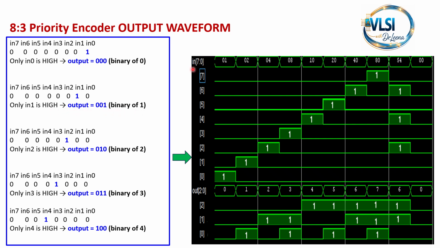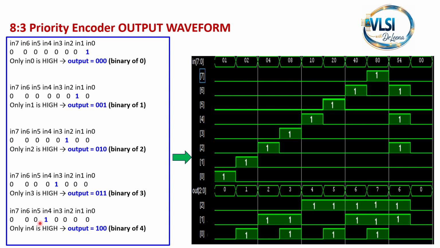You look at this, our output is 001. In the next case, IN2 is active. When IN2 is high, the output is 010. Similarly, in the next case, when IN3 is high, the output is 011.